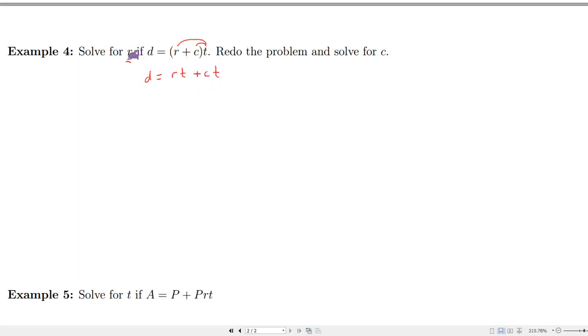And at this point, we're solving for r here. So a strategy would be to isolate the terms that have r on one side and bring all the other terms to the other side. There's only one term with an r in it. It's this one. So let's leave that one here, and let's bring the other term, this ct, to the left side. In order to do that, we're just going to subtract ct from both sides.